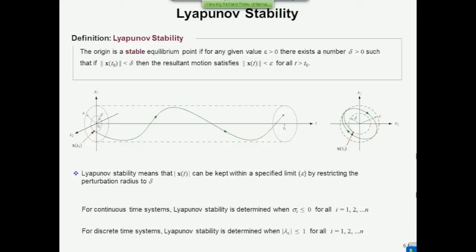It might sort of remain in the vicinity of the equilibrium point without ever actually reaching it. And an example of that is a system which has complex conjugate eigenvalues if it's continuous time, or eigenvalues on the unit circle if it's discrete time, because those oscillations are sustained. It's on the border between stable and unstable.